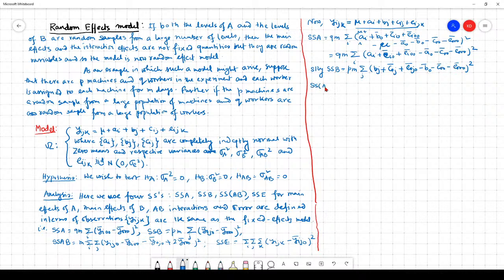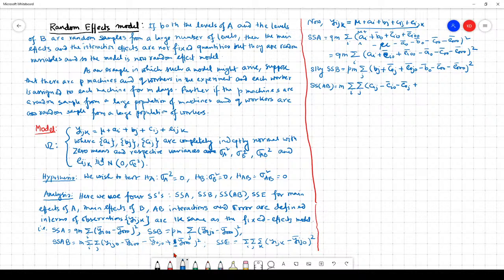SSAB is equal to n sum over i sum over j of (Cij minus Ci naught bar minus C naught j bar ... I think it is only y naught.